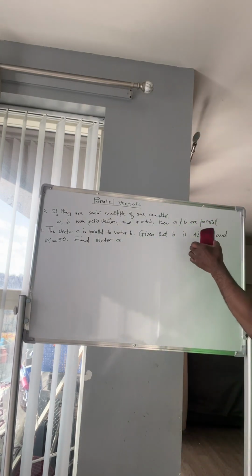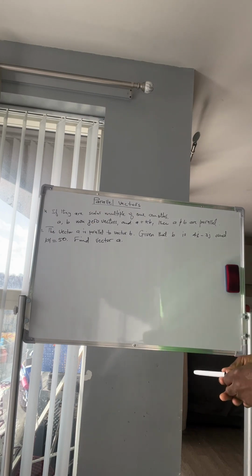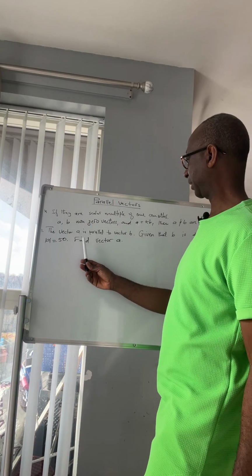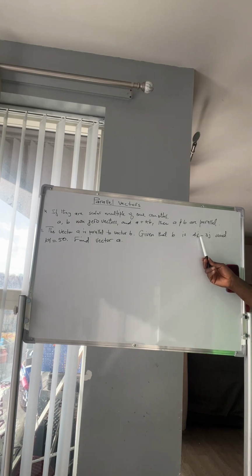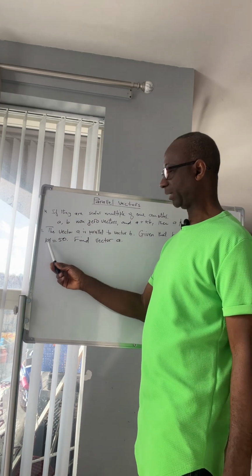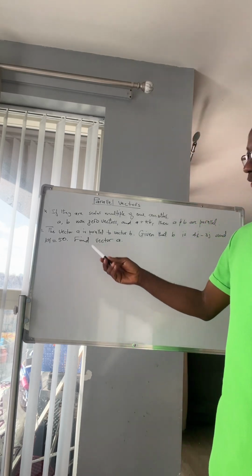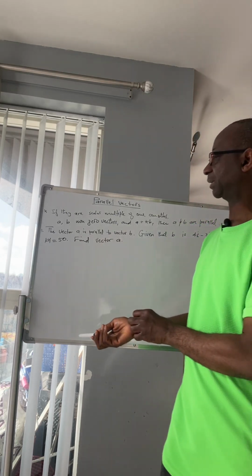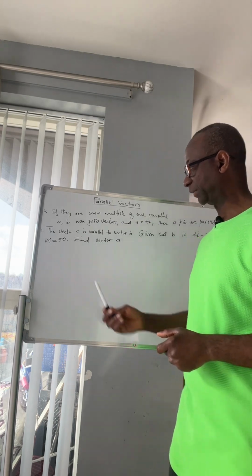explain. We are given a problem here. The problem says the vector A is parallel to vector B. Given that B is 4i minus 3j, and the absolute value of A, or now we are talking about magnitude here, the magnitude of A is 50.